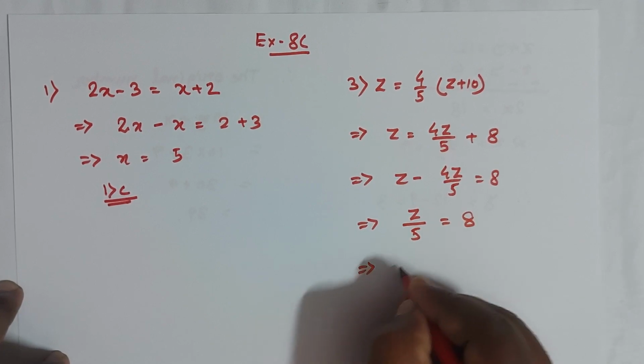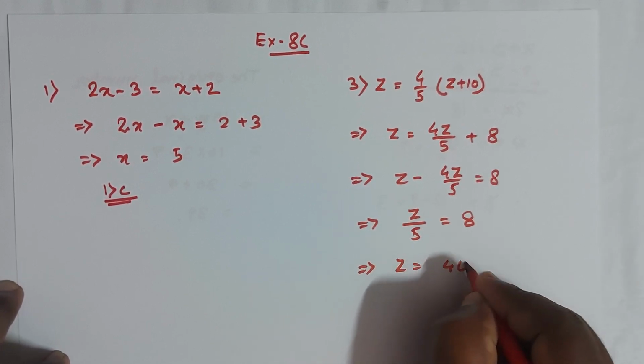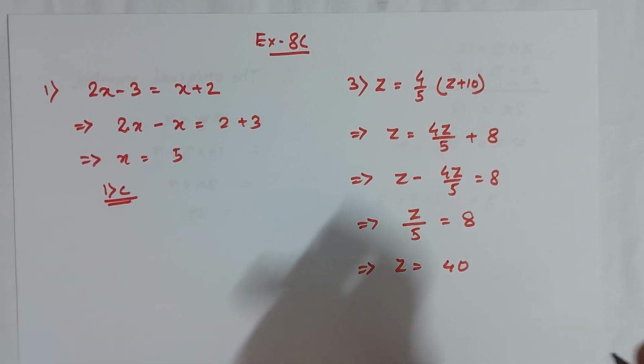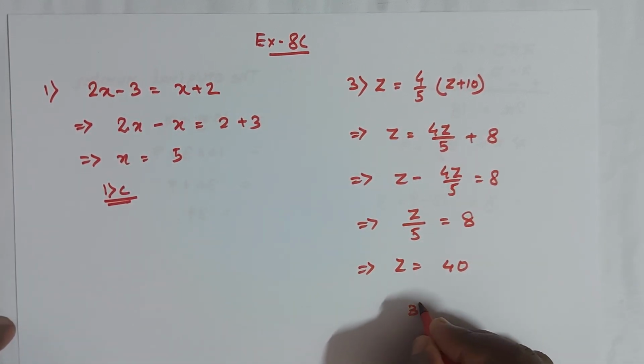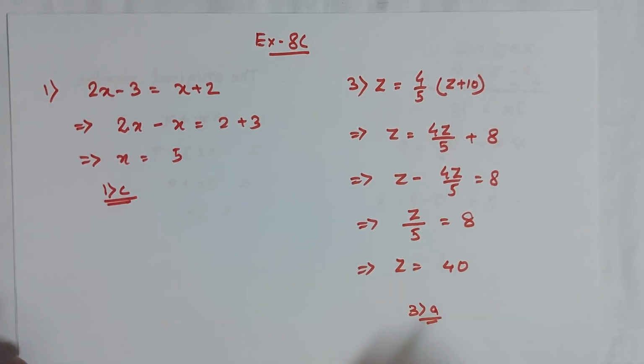Now we will do the cross multiplication, so z is equal to 40. So question number 3, option A is the correct answer.